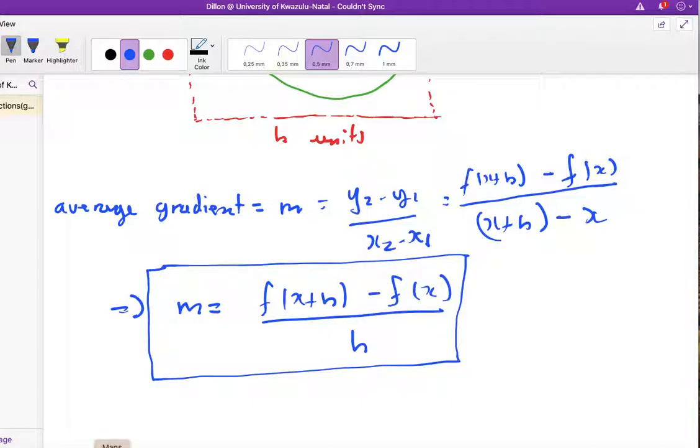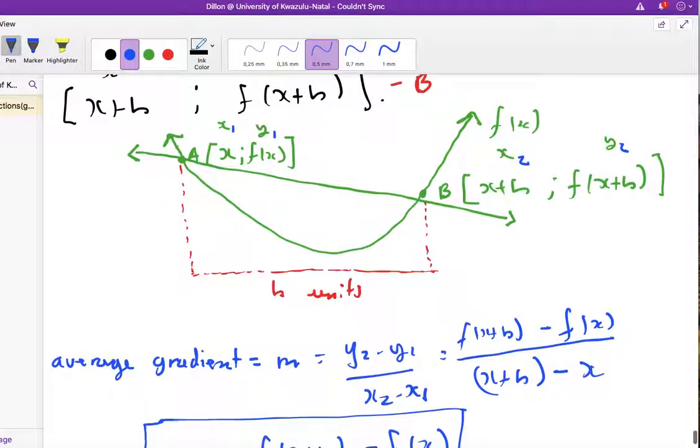Now you may ask, what does this have to do with the derivative? Well, let's see what happens as h becomes smaller. Let's consider a point through A, but now it goes like this. We're going to reduce the size of h each time.